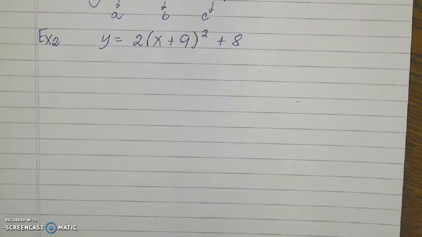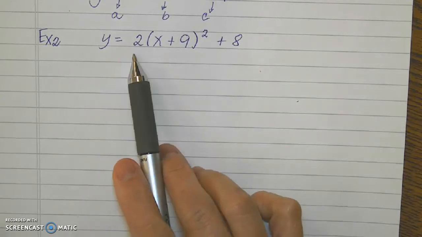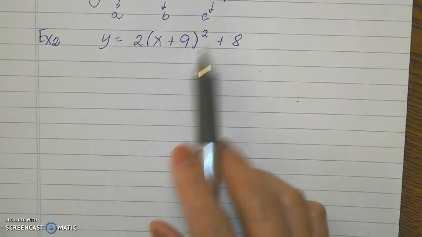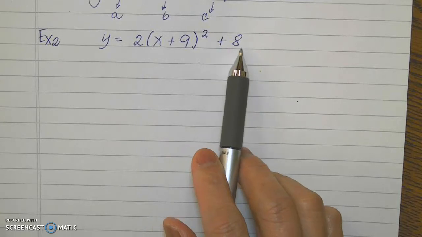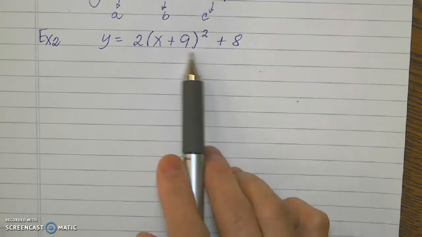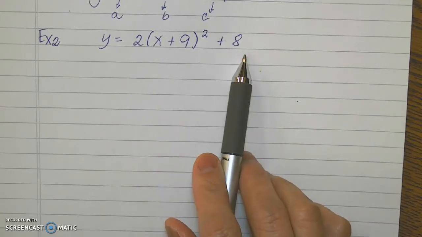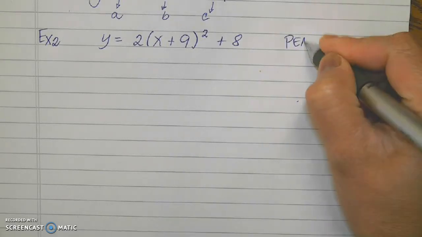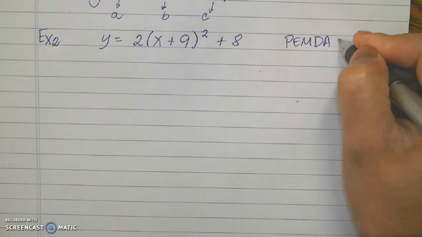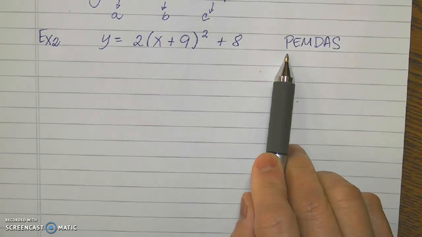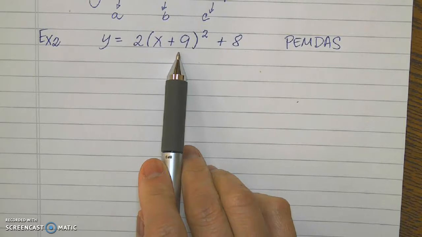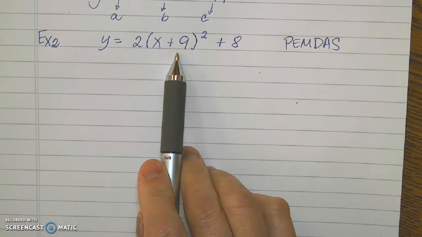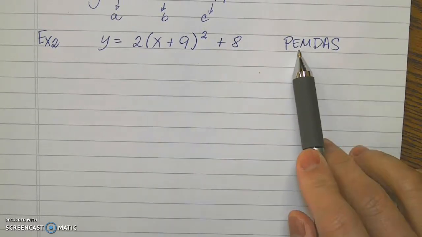Okay, example number 2 is y equals 2 parentheses x plus 9 close parentheses squared plus 8. So how are we going to change this to standard form again? Let us do PEMDAS. There is nothing to do with the parentheses. These two cannot be combined as a single term. So we're going to proceed to E, which is the exponent.